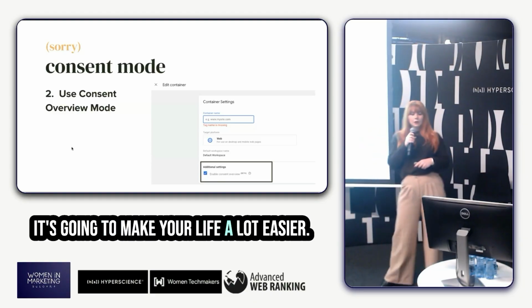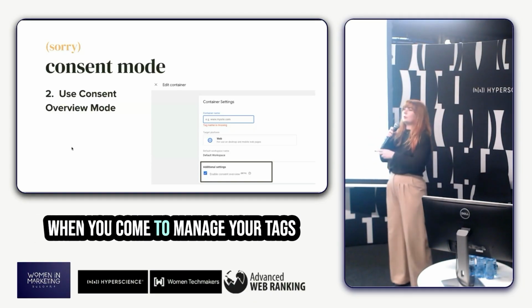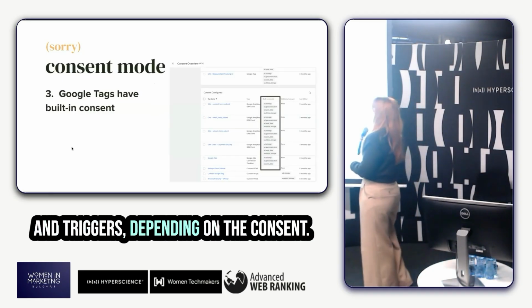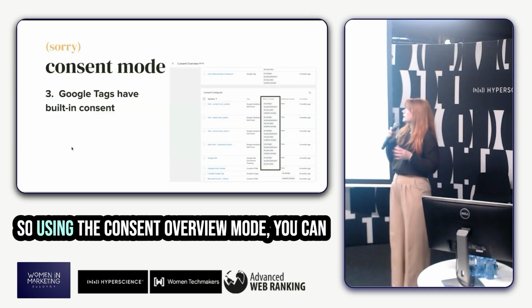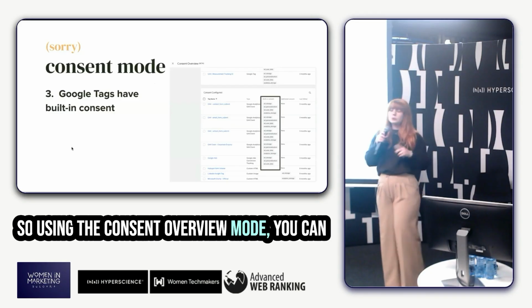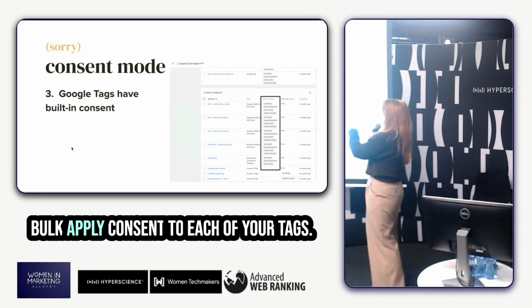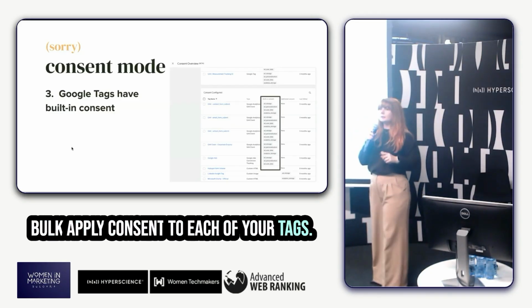It's going to make your life a lot easier when you come to manage your tags and triggers depending on the consent. So using the consent overview mode, you can bulk apply consent to each of your tags.